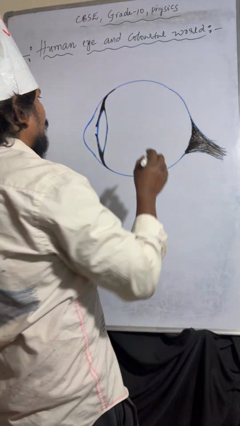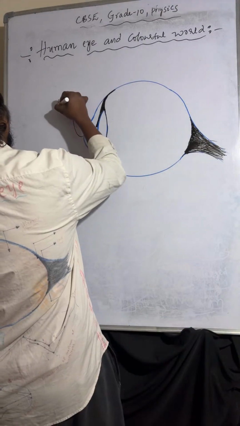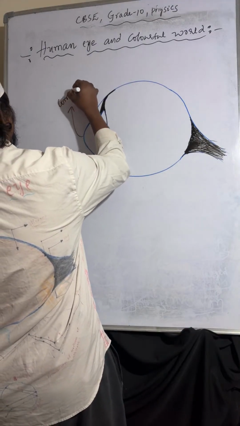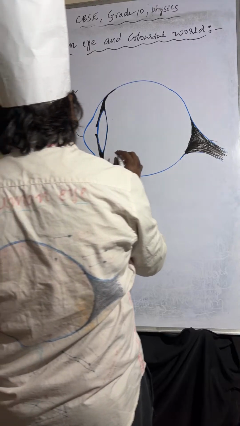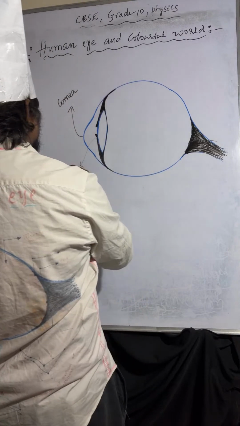So in the human eye, there is the cornea, and the iris.